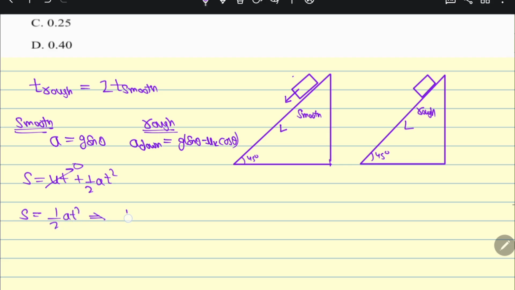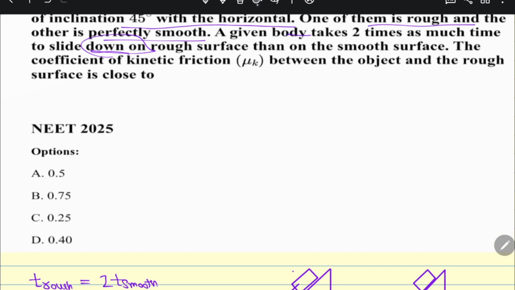So can I say that, as the length is the same, t square is equal to s upon 2a, s upon 2a. So time is inversely proportional to the square root of acceleration, right?